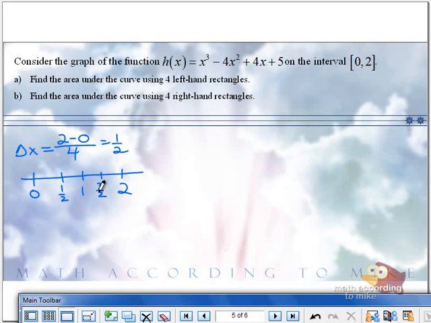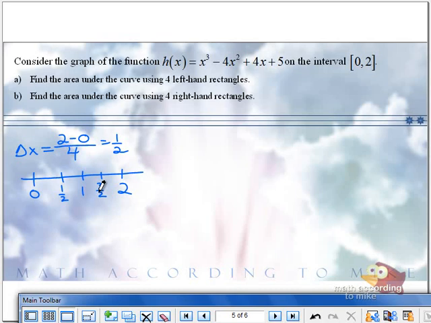Very good. So if you want 4 left-hand rectangles in part A, what 4 numbers are you using? Very good. 0, 1/2, 1 and 3/2. And then you'll use the latter 4 for the right-hand part.